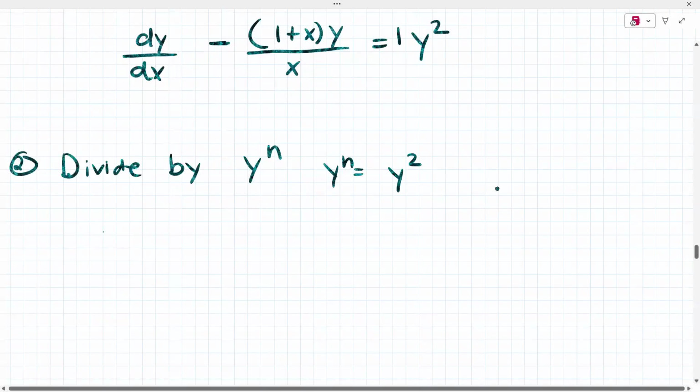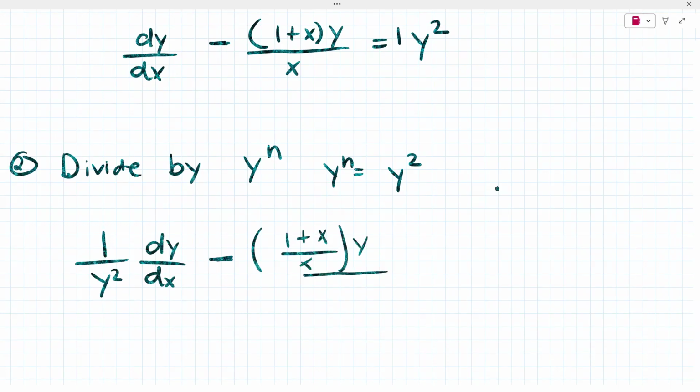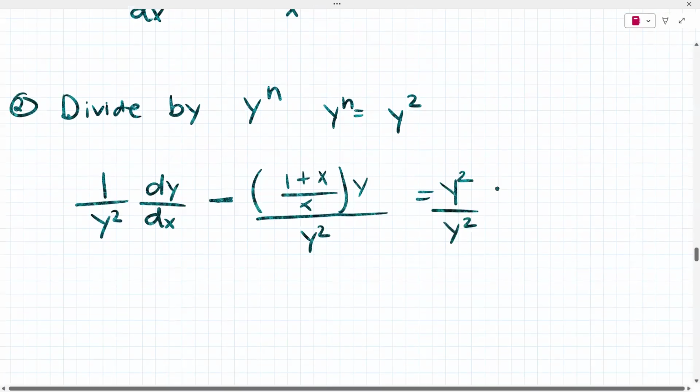So it's going to be 1 over y squared dy dx minus 1 plus x over x times y over y squared equals 1. When you divide y squared by y squared it gives you 1. So I divide everything by yn, or y squared. So let me clean this up.